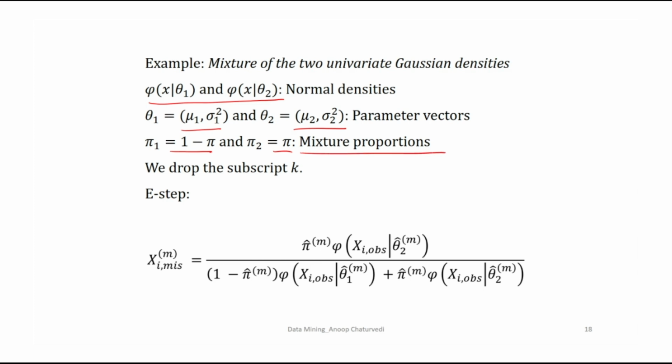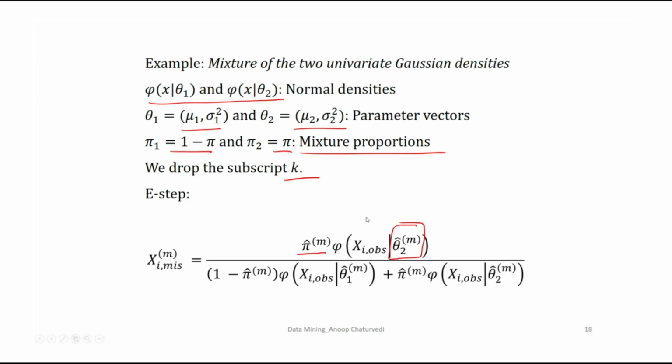And then, just for convenience, we drop the subscript k. Then, in each step, x_i missing m is equal to pi hat m, and then we multiply it by the density phi(x_i observed given theta_2 hat m). Now, we have these estimators.